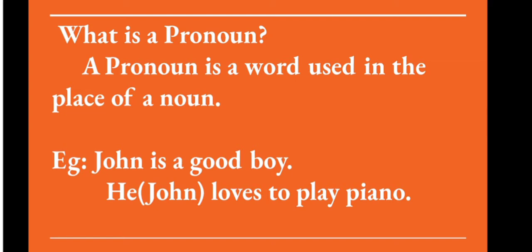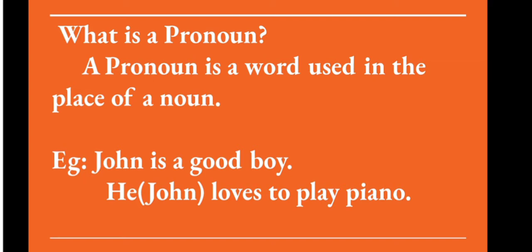So we already said that a pronoun is a word used in the place of a noun. So let's look at the example once again. John is a good boy. In the second sentence, instead of using John again, I'm going to use the pronoun he.